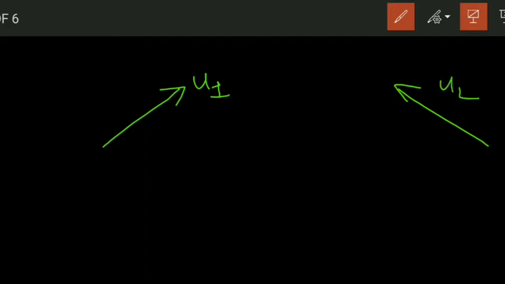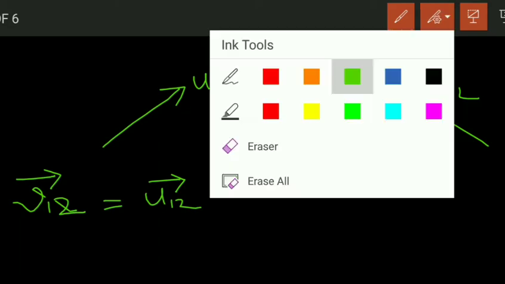We have to find out v1 vector minus v2 vector, and v12 we can write as u12 because the relative acceleration is 0. Both are being acted on with an acceleration g.